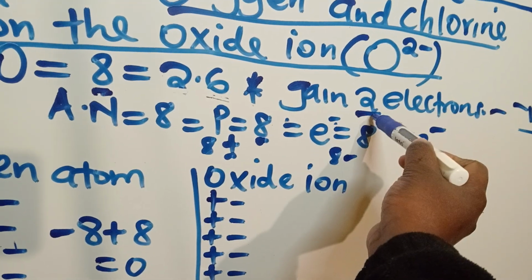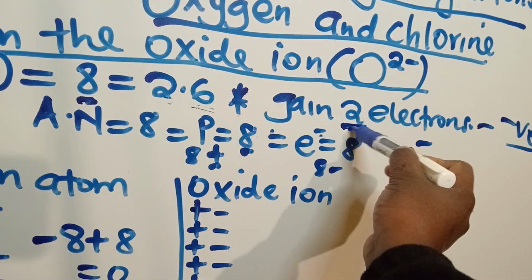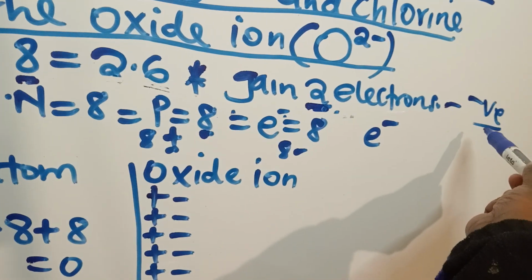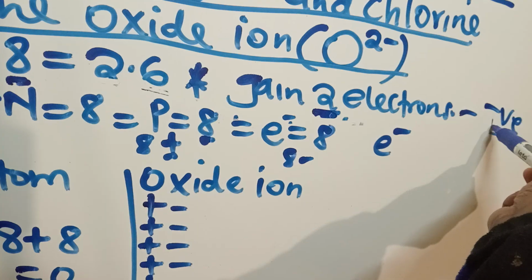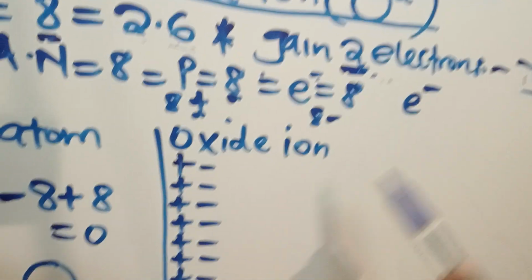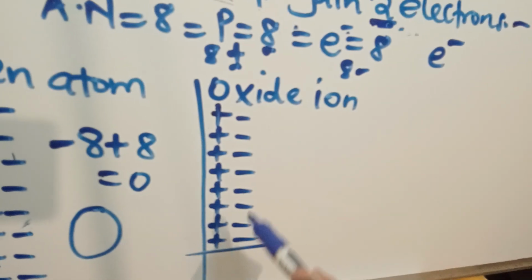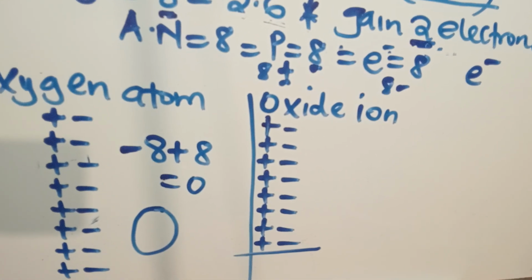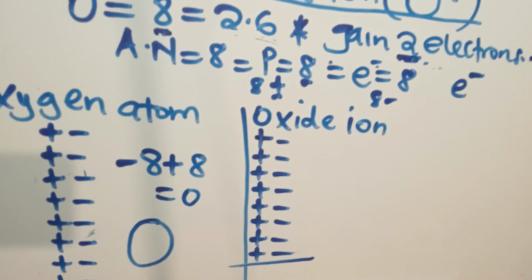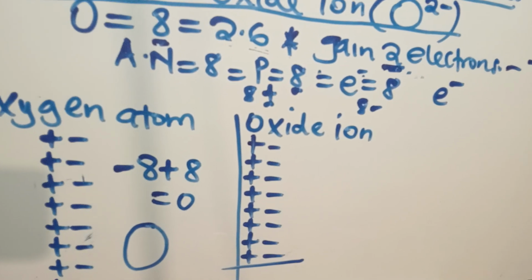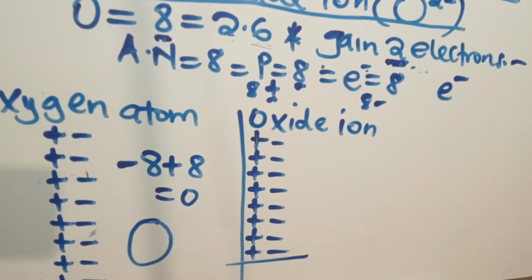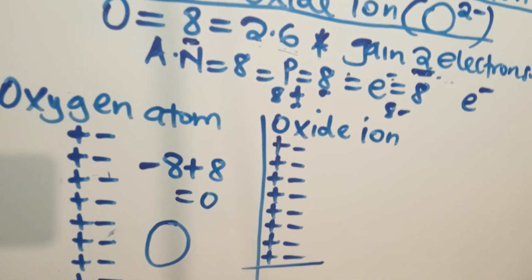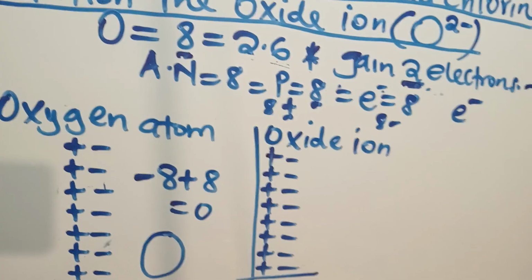Here we said that oxygen is required to gain 2 electrons, and we also said that the electrons is the side which has the negative. So in this case, there will be nothing to rub. You see, for the metals, we were rubbing some of them, because that was to indicate that metals usually lose. But for this case, they do not lose, non-metals gain.